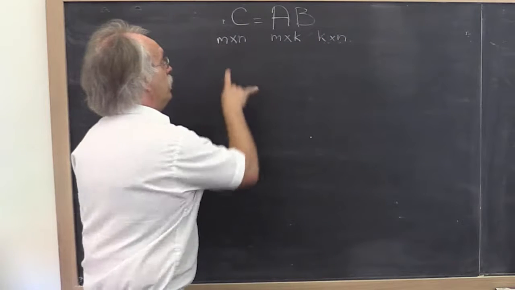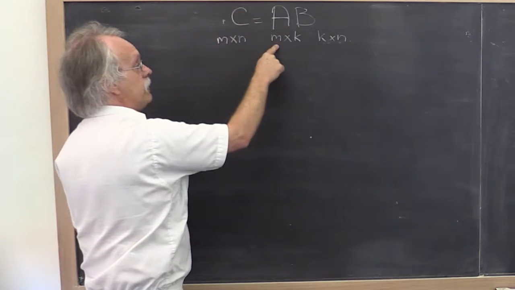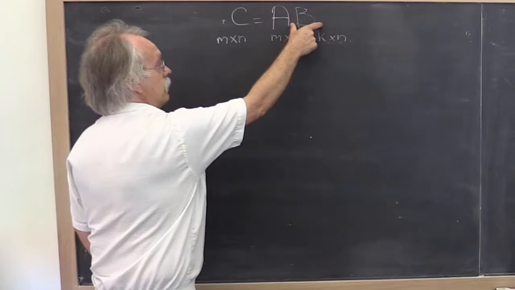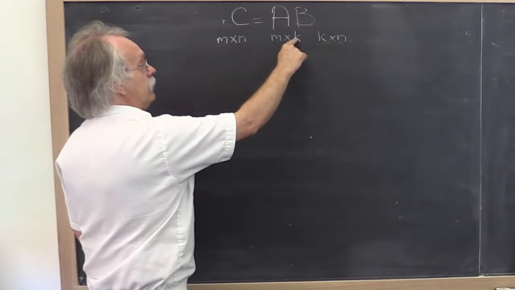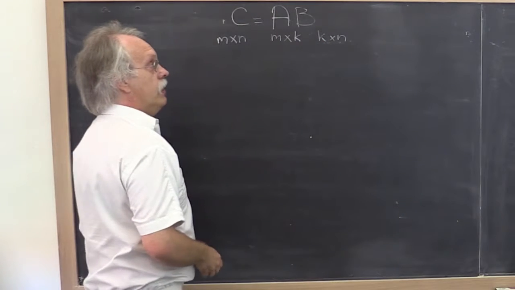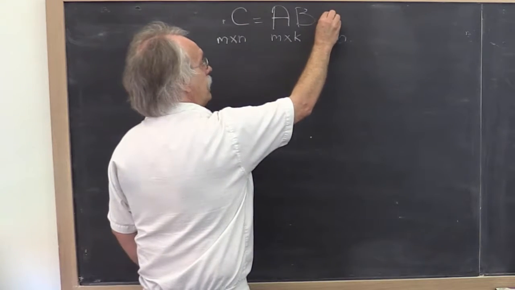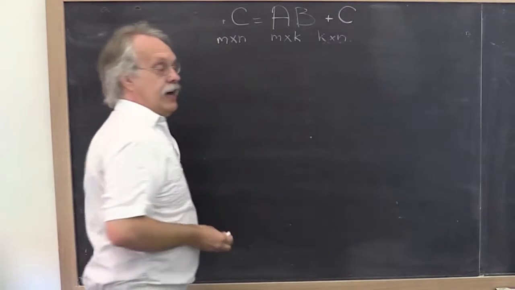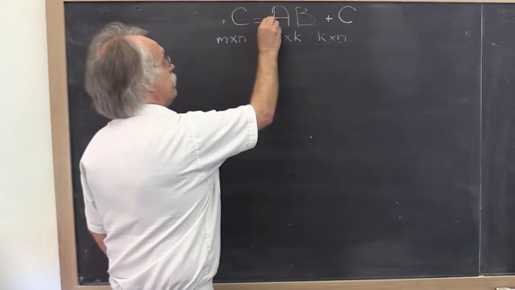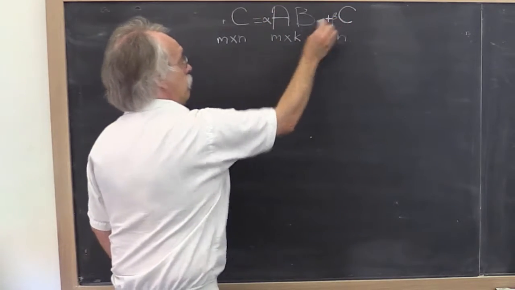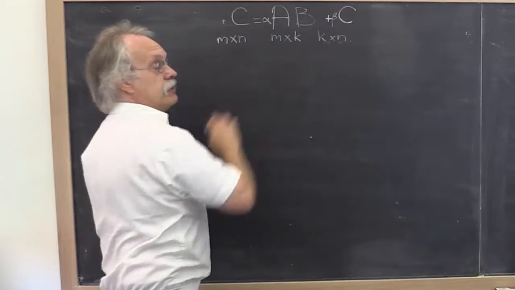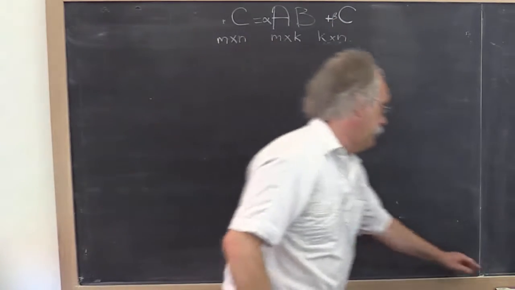The important thing being that the row size of C must match the row size of A, the column size of C must match the column size of B, and the column size of A must match the row size of B. And as before, we often like to add C to it. The most general case of this is where you multiply A and B by a scalar alpha and C by a scalar beta, but let's not get into that.